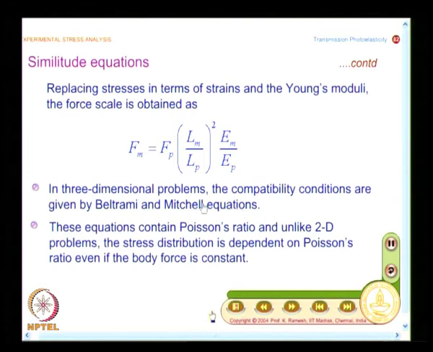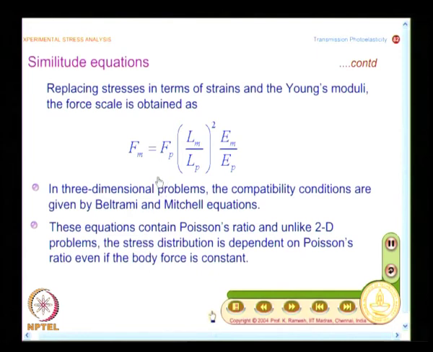And here again we will have to bring in a distinction. In 3 dimensional problems, the compatibility conditions are given by Beltrami and Mitchell equations, they are functions of Poisson's ratio, and unlike 2D problems, the stress distribution is dependent on Poisson's ratio even if the body force is constant. That is emphasized, even if the body force is constant, 3 dimensional problems are always difficult to handle.